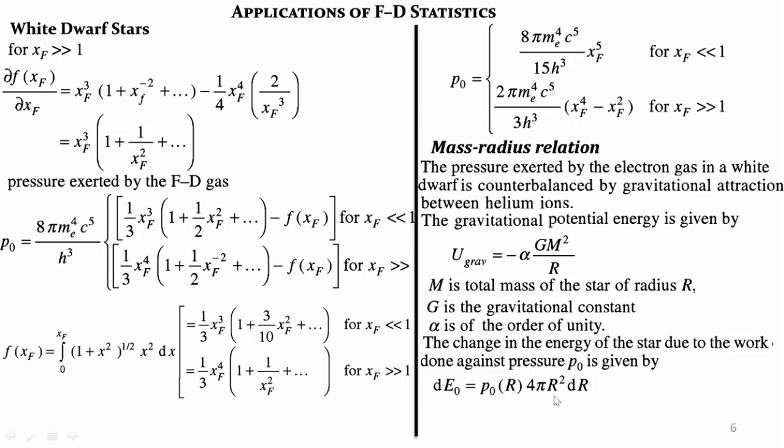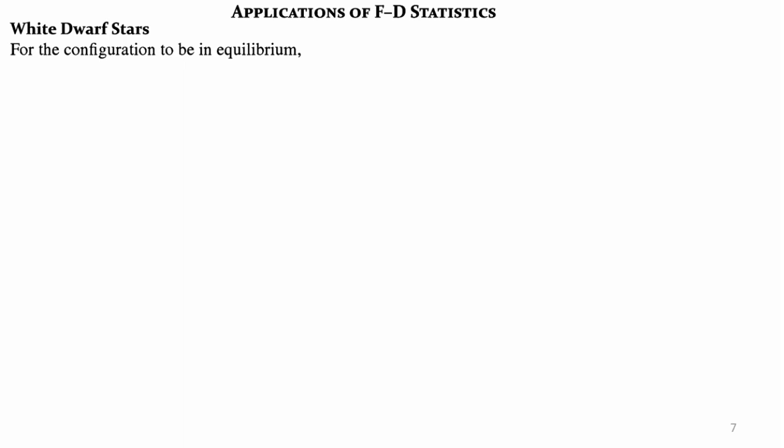And dR is the distance. If the star changes its radius by say dR, how much energy would be changed can be obtained by this expression. Now here we have expressed this pressure as a function of radius, of course, depending upon the radius. Where is that dependence coming? It is coming in xf. Try to go back to the detailed expression for xf. We'll be coming to this.